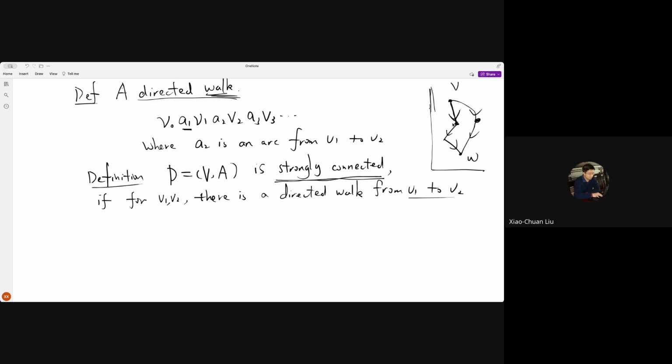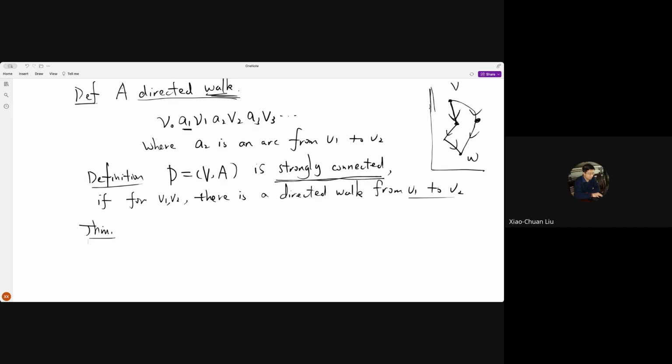This is V, this is W. For this directed graph, you are not able to find the Euler tour, because when you arrive at W, you will never come back. You're nowhere to go. It's out degree 0. You cannot go away from W.